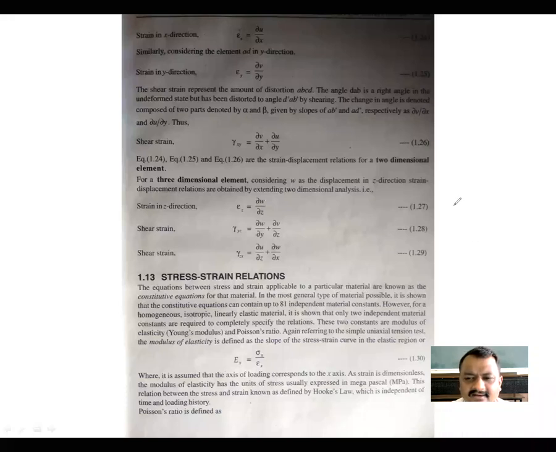So if I convert the given problem and extract the stress strain relation, first I will find out the strain, then multiply with Young's modulus, and I will get the stress in any three-dimensional element or two-dimensional element, right? So in such case, I know what strain is: change in length by original length, or I can say it is the partial derivative with respect to its direction, dou u by dou x.